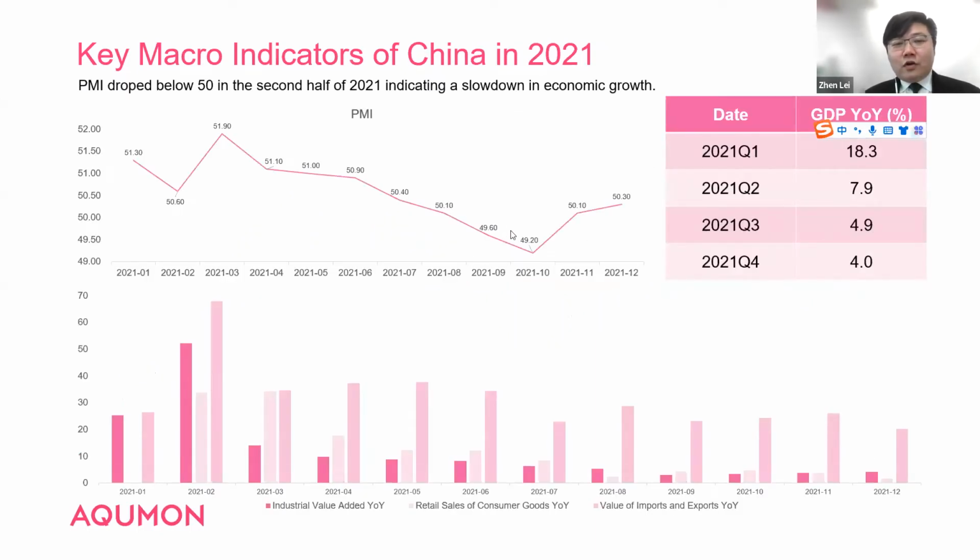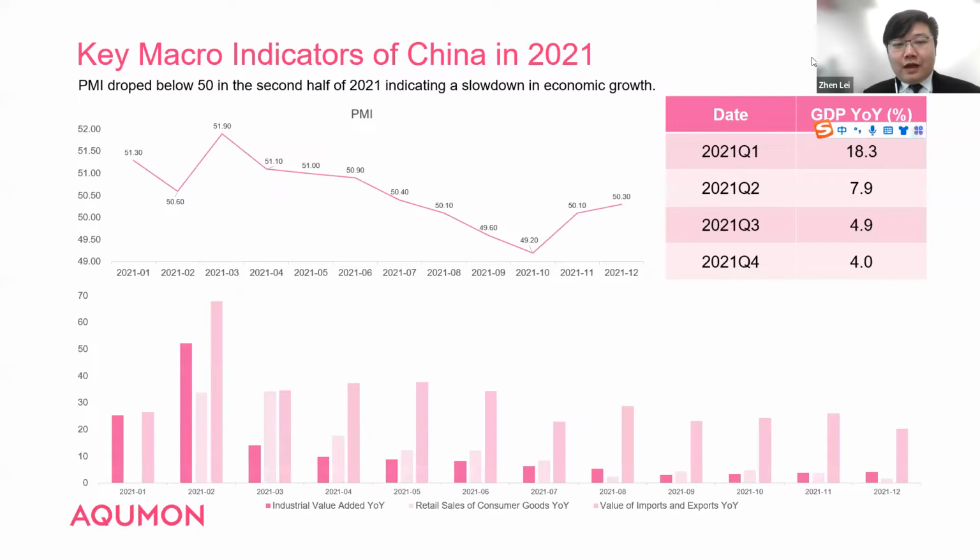And we can have a close look at China. For the economic growth of China, we can see clearly that China experienced a slowdown in 2021.